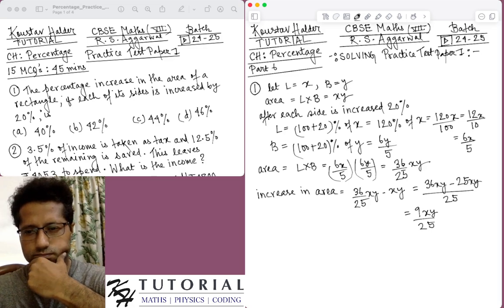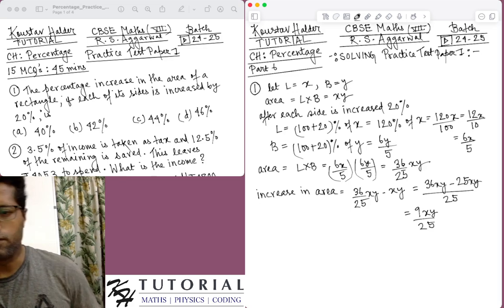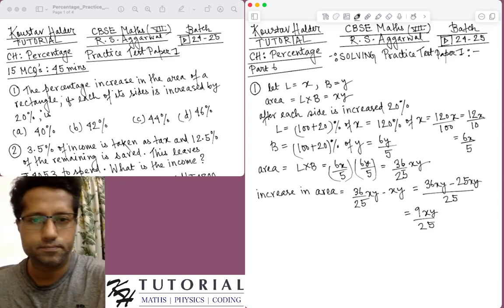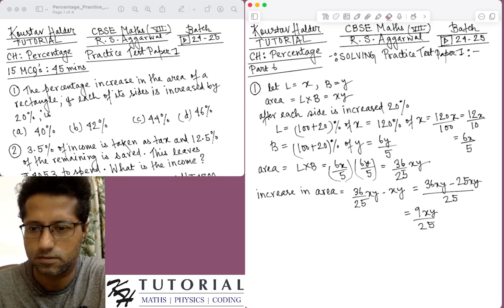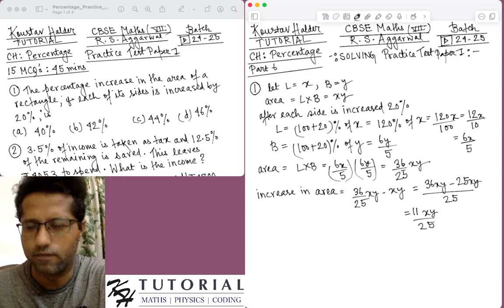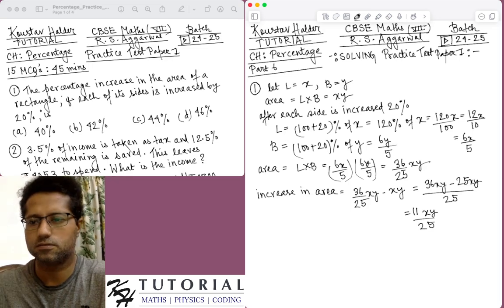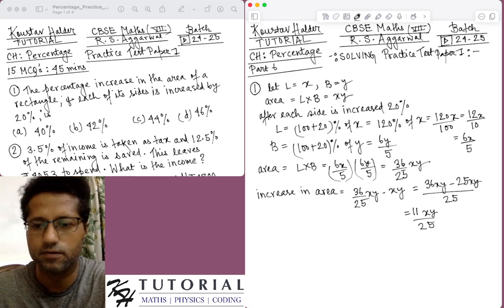Not 9, sorry: 36 minus 25 is 11. So 11xy by 25 is the increase in area.